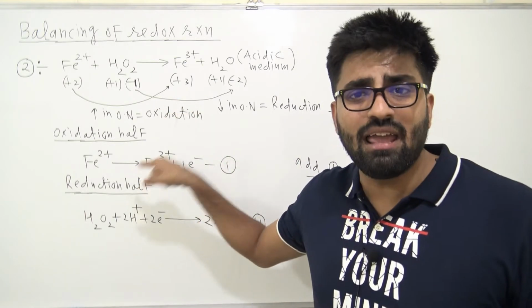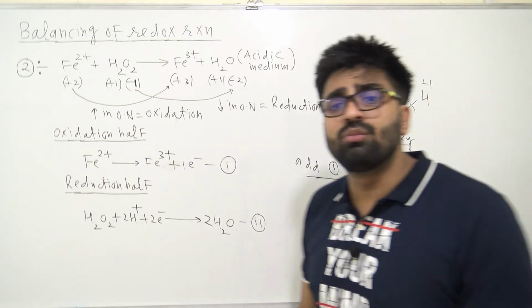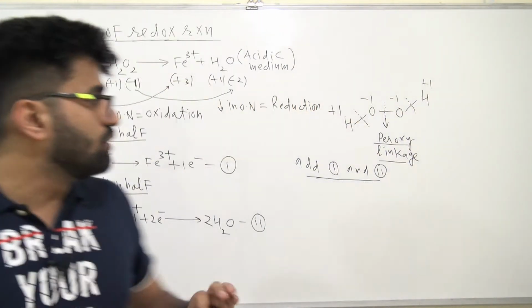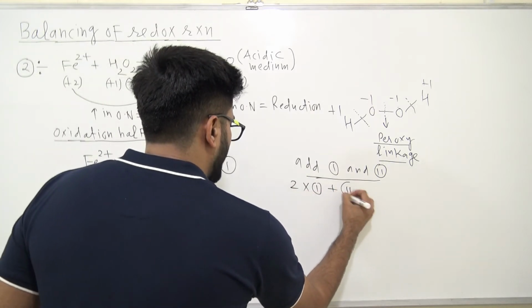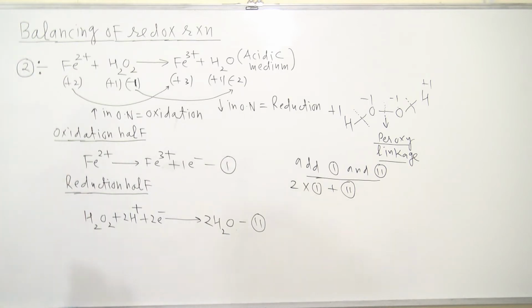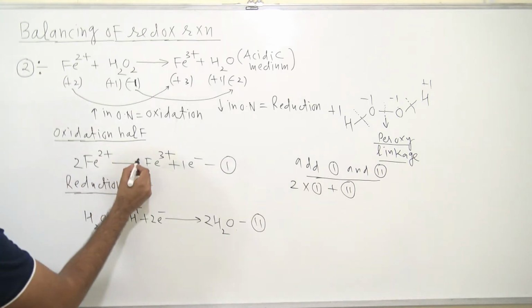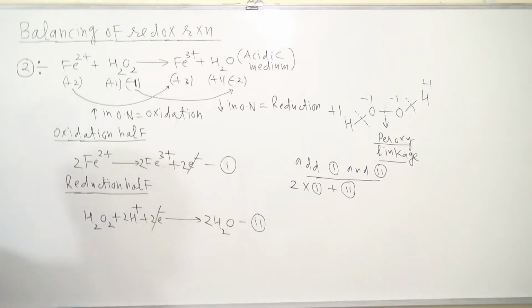You multiply the oxidation half by 2, and the reduction half by 1, and add both of them. It will become 2 electrons, and when you add, the 2 electrons go out.